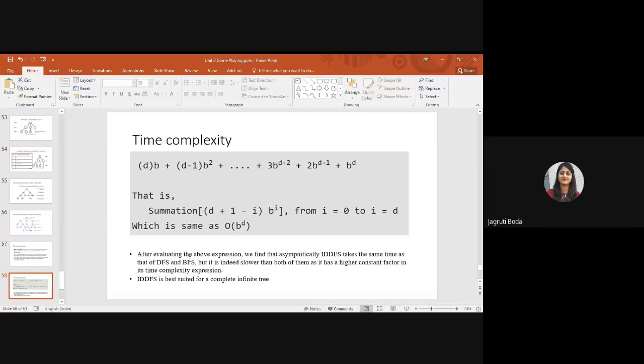After evaluating the above expression, we find that asymptotically IDDFS takes the same time as DFS and BFS, but it is indeed slower than both of them, as it has a higher constant factor in the time complexity expression. The complexity is the same as BFS and DFS, but there are more constant terms.